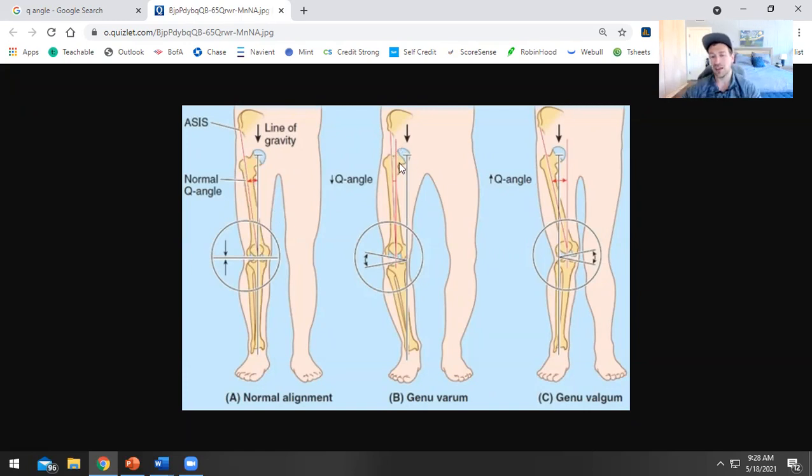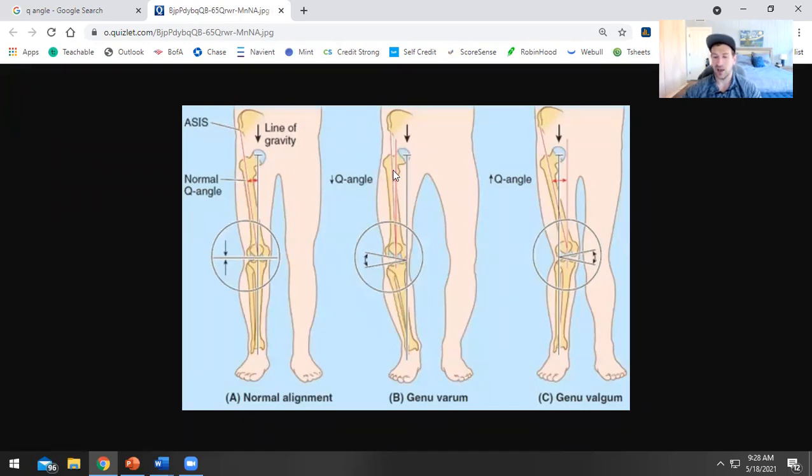But if you look here, take a look at this version, where this person's actually caving their knees outward. This person's got that sort of John Wayne bow-legged posture, right? Well, here that angle is decreased, right? Look at how narrow the angle is here. There's barely any space between there.